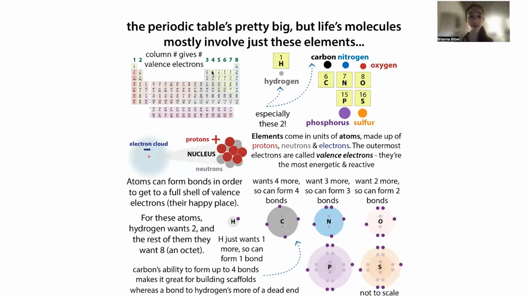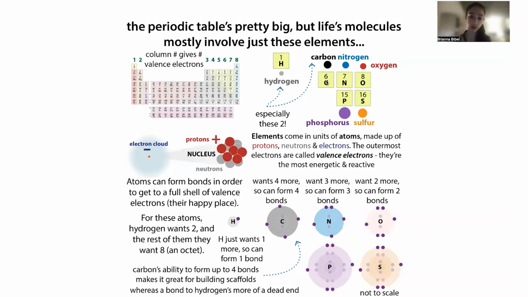As you go across the periodic table, you're adding the number that you see here. This is the number of protons, and that's what defines the different elements. So carbon has an atomic number of 6. This tells you that it's always going to have 6 protons, but the number of electrons can vary, and then you can get charges if you have an imbalance.